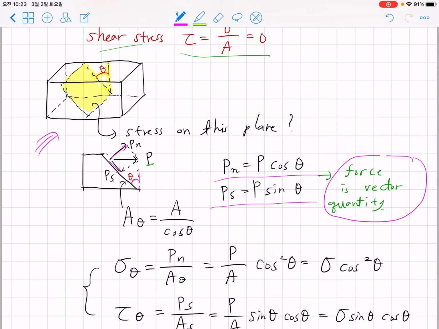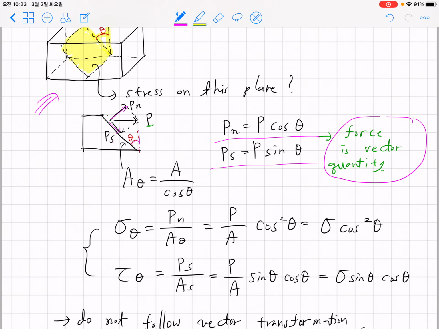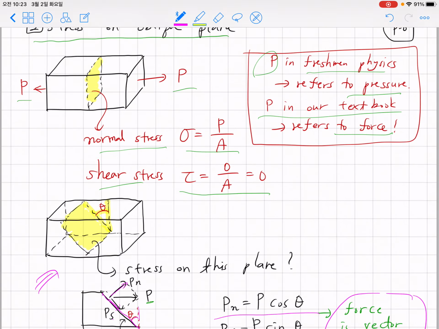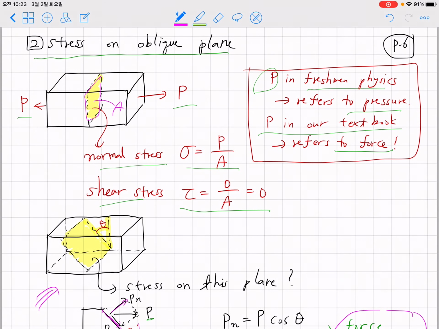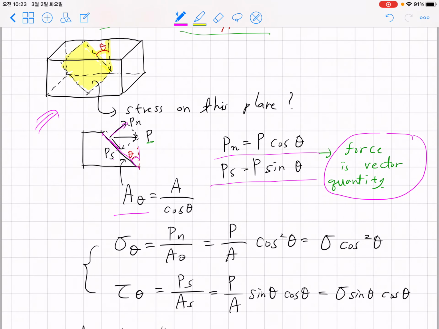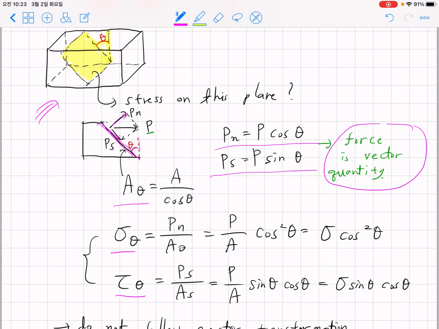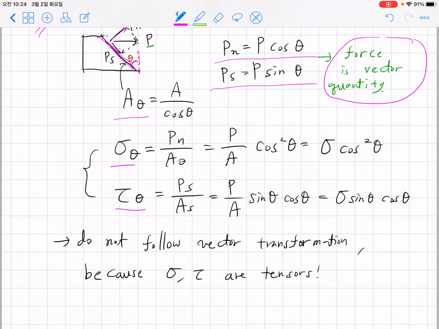So this is a force, which is a vector quantity, and you can see that it follows the vector transformation rule. Now this area must be larger than the area A. This is area A, and the area at this surface, A theta, is A over cosine theta. Now if you define sigma theta and tau theta, the normal stress and shear stress defined here, you have Pn over A theta and Ps over A theta.